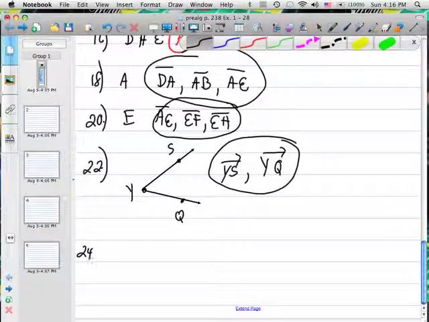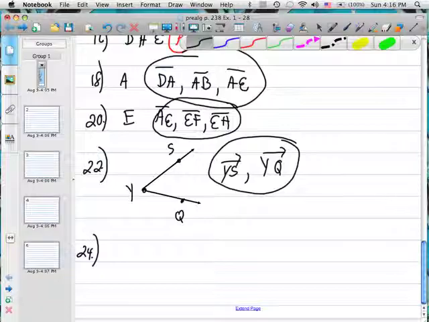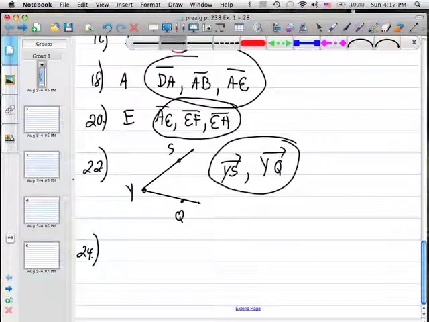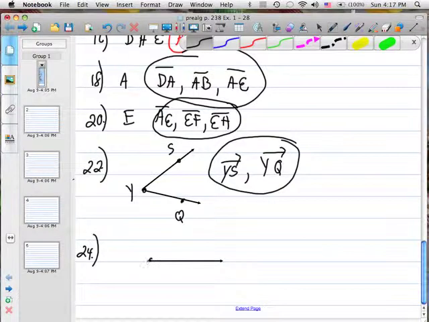24. Which figure is formed by the intersection of ray GH and ray HG? Well, let's draw ray GH. This is ray GH. It's going that way.